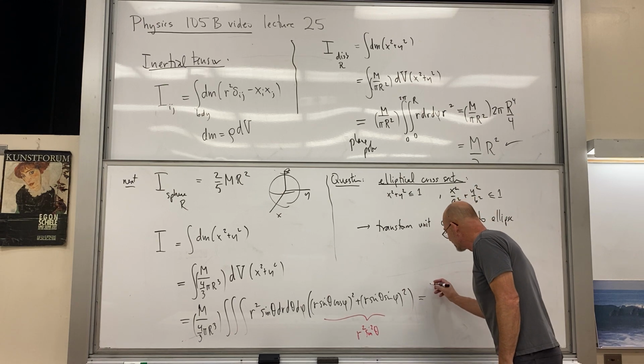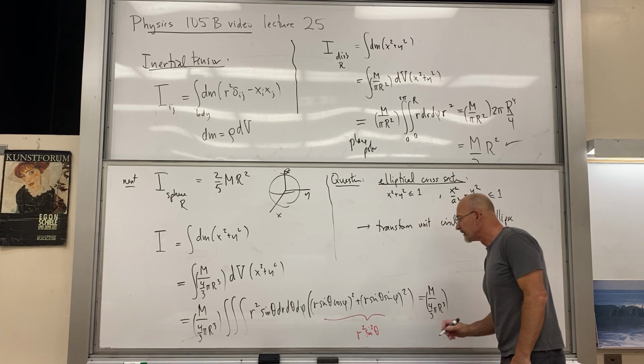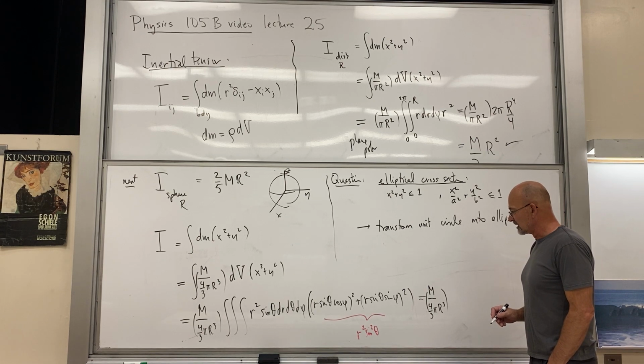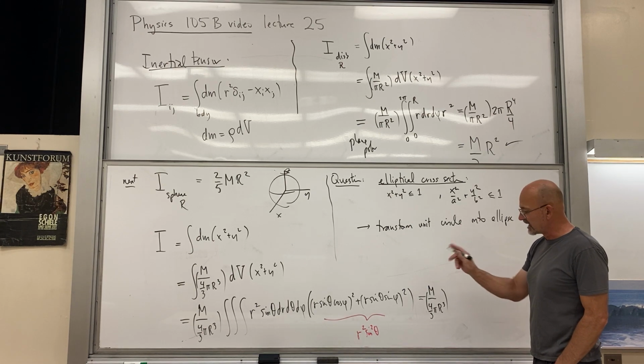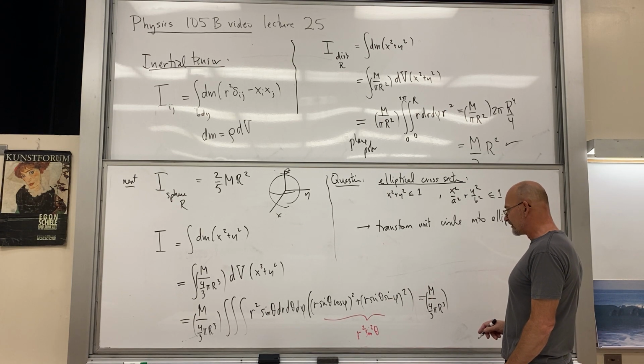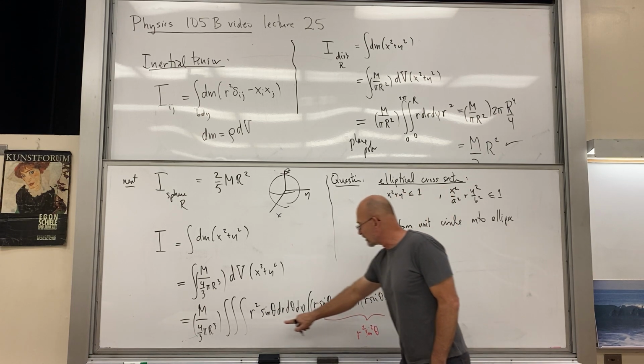Actually, we can write this down. So we've got m over 4/3 pi radius cubed. That was the density. I didn't write the limits, but we'll get them right here. Then we have r squared sine squared. We have another r squared sine.